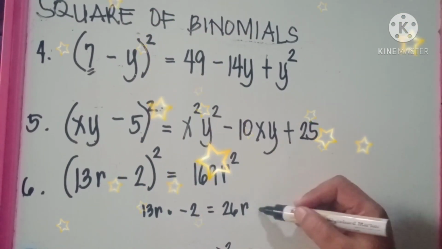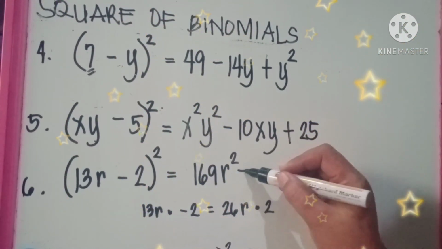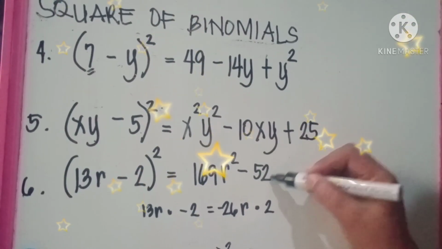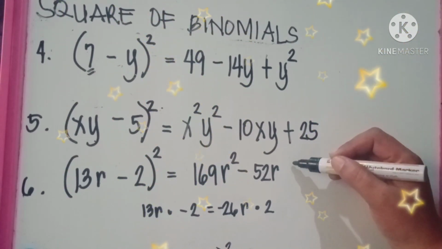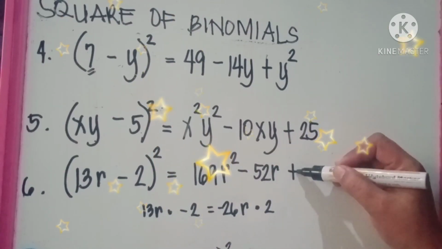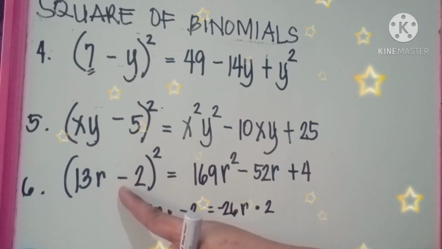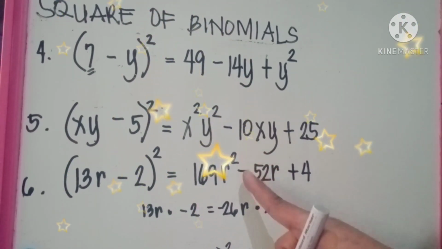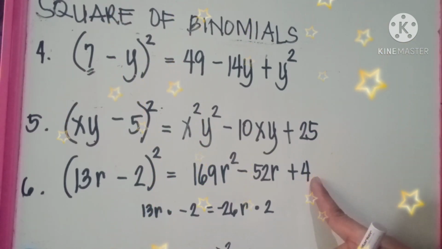Then, multiply this by 2. So, the answer now is negative 52r. Then, for the last term, we have negative 2 multiplied by negative 2 is positive 4. So, the square of 13r minus 2 is 169r squared minus 52r plus 4.